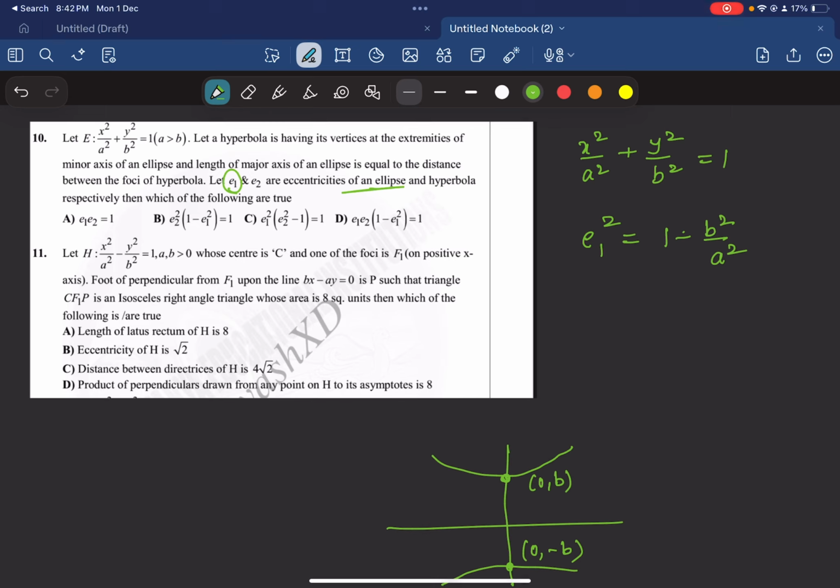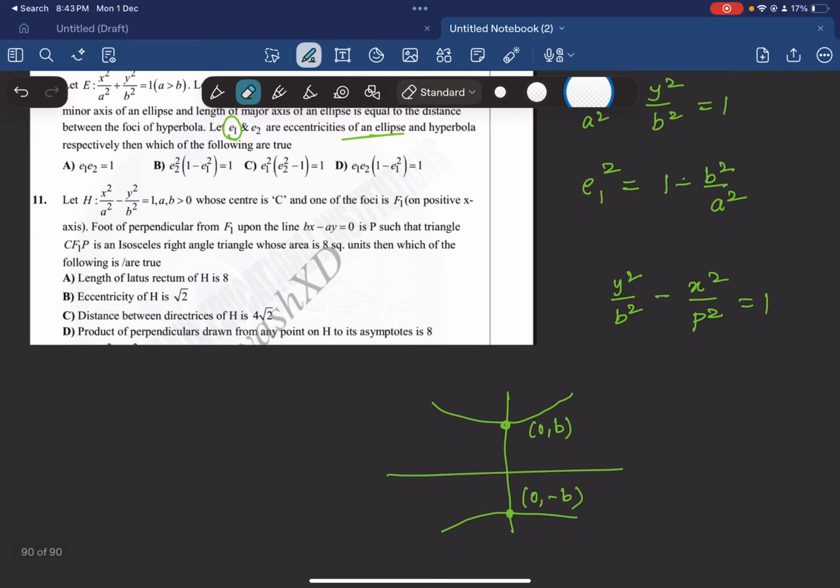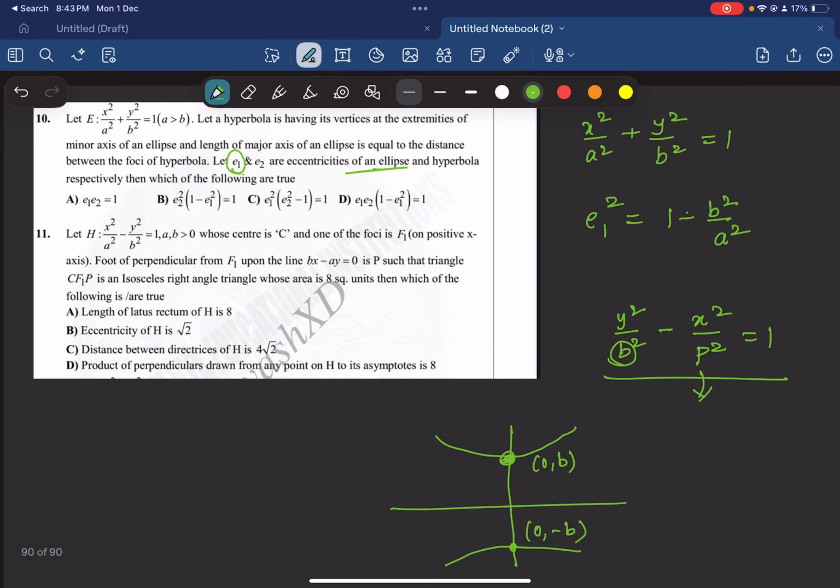Therefore you can write the equation as y square by b square minus x square by p square equals 1. Let us say this is the equation of the hyperbola. All right, so this is a vertical hyperbola. You got b here because the extremities are at 0 comma b and 0 comma minus b, and we don't know what this is, so let us say that is p.